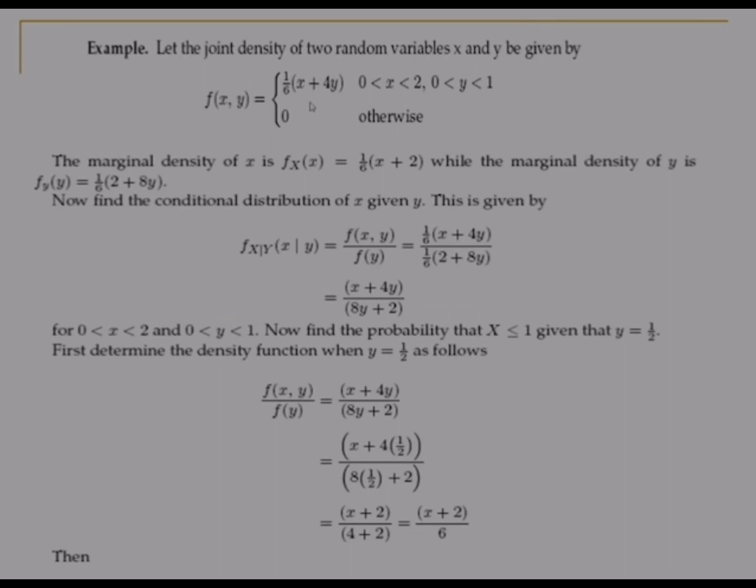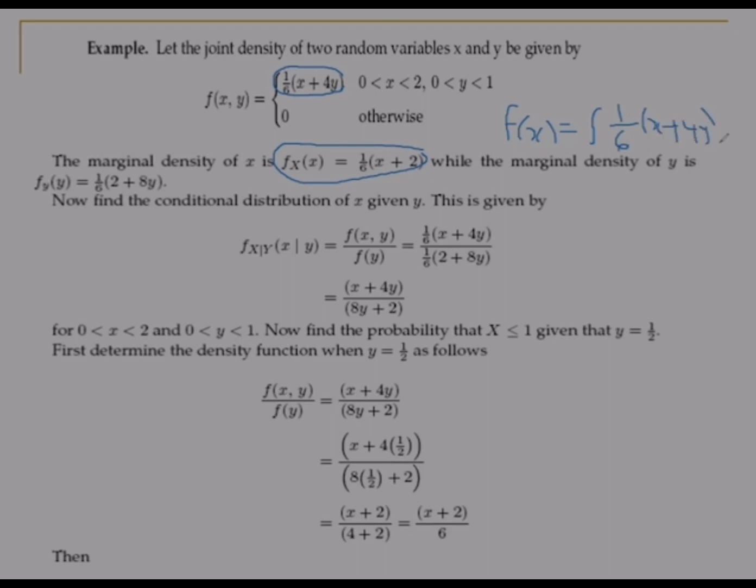If you want to understand how they figure that out, you just need to do this. f of x is basically going to be equal to, if you take a look at that now, it means you need to integrate this guy, 1/6 times x plus 4y.